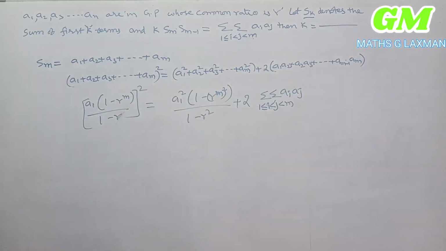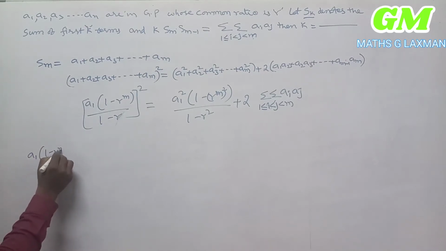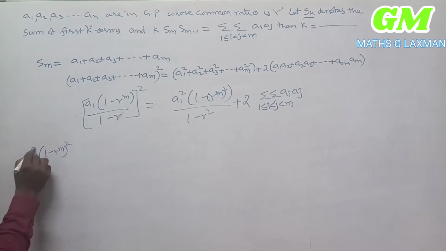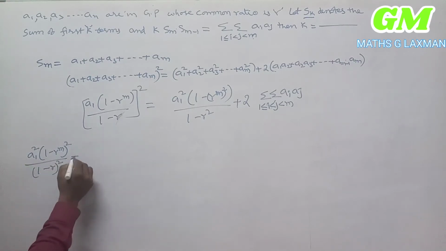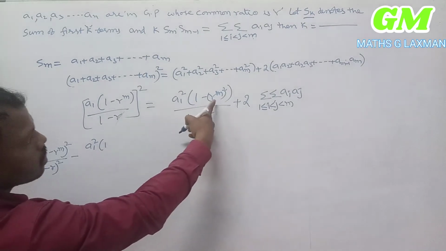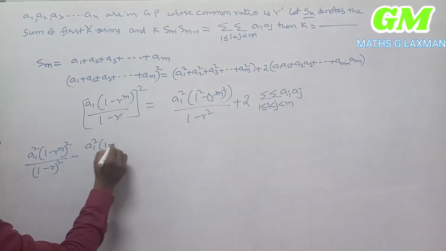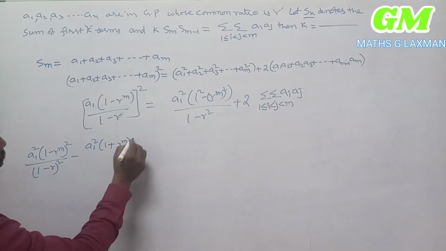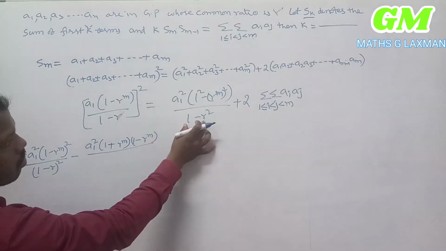So just bring it to this side. So you will get A1 into 1 minus r to the power of m whole square, so A1 square divided by 1 minus r whole square, minus A1 square into, this is the a square minus b square formula, so we can write it as 1 plus r to the power of m into 1 minus r to the power of m, divided by, this is also the same.